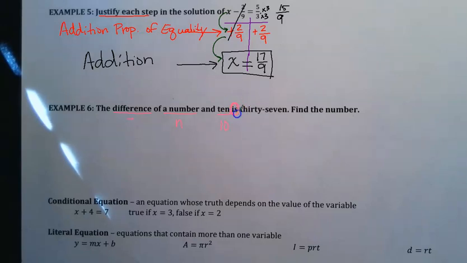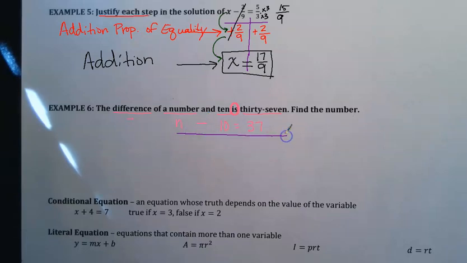Is means equals, and 37. So the difference of a number and 10 goes right inside there. We have n minus 10 equals 37.